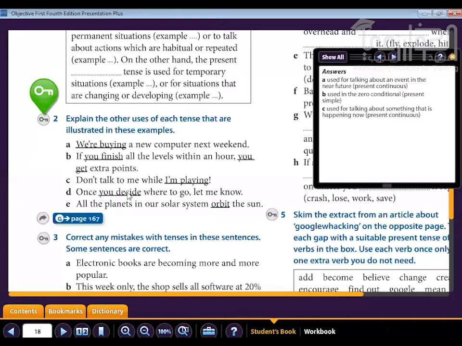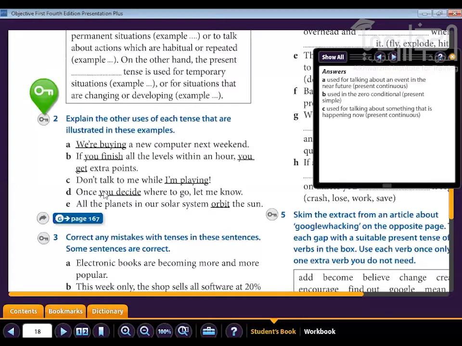And then, once you decide where to go, let me know. This once you decide shows the time, the time that you decide. And so we call it the time clause. Once you decide where to go, and here you can see that the person will decide in the future, but yet we use the present simple for that. This is the time clause. It shows once, the word once, or as soon as you decide.